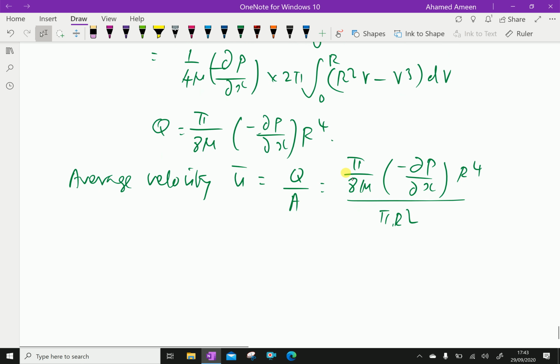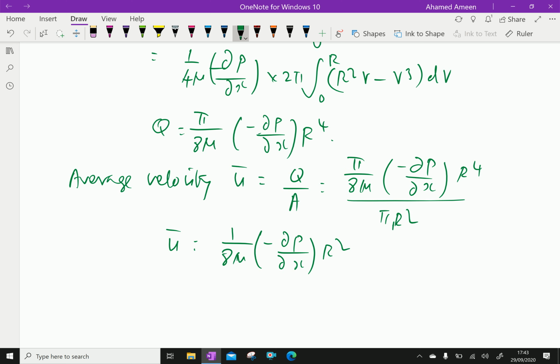After simplifying, we get u bar equals 1 by 8 mu, minus dou p by dou x, R squared, because pi cancels and R squared cancels with R power 4.